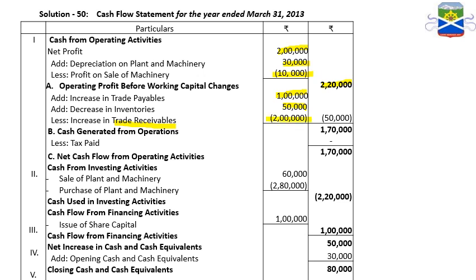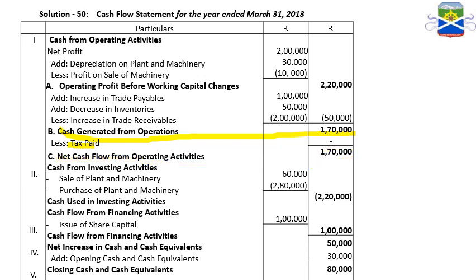Taking these three figures with plus and minus, you will find a negative figure of 50,000, which will be adjusted with the 2,20,000, and then we have 1,70,000 as cash generated from operations. Tax paid is not given in this question, so it is a dash. So we have net cash flow from operating activity of 1,70,000.